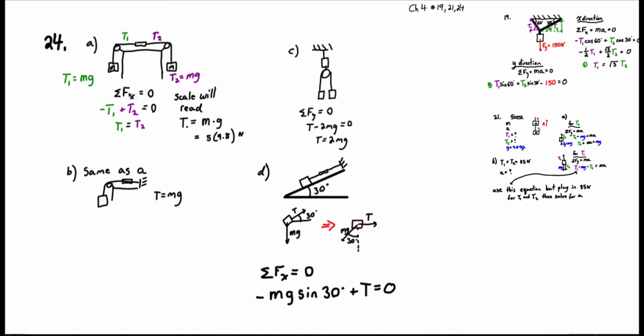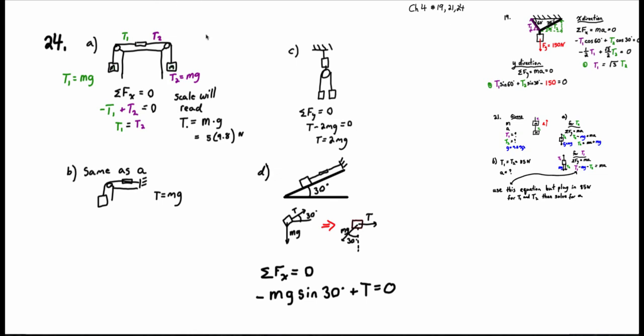So if I sum my forces in the x direction and set them equal to 0 because it's static, I can see that my tension in 1 has to be equal to my tension in 2. So that's every action has an equal opposite reaction force. So T1 has to be equal to T2. So to solve, I can just solve for any one of these tensions. So if I just look at this case here, well, T2 has to be equal to mg.